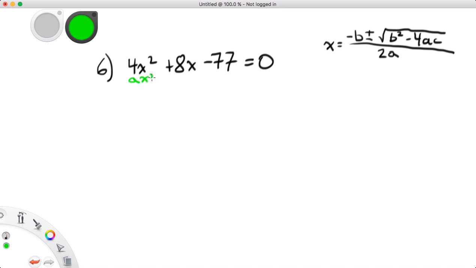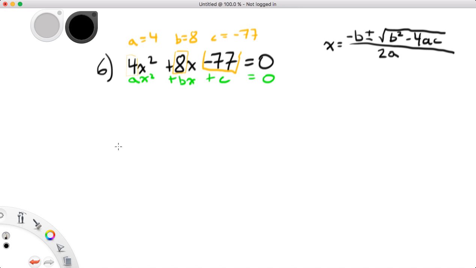Okay, and just a friendly reminder, the standard form of a quadratic equation is ax squared plus bx plus c is equal to 0. So we know, in this case, that a is equal to 4 because that is the coefficient of x squared.